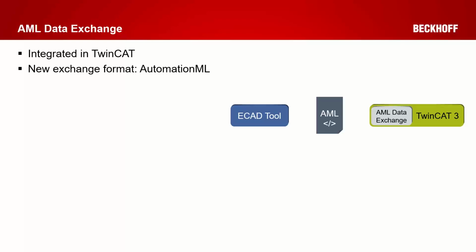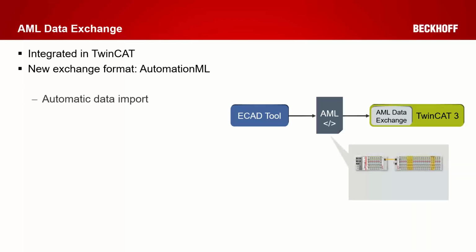With the help of this file format, we can export an I/O topology which already exists on ECAD tool side and import it in TwinCAT 3, which then automatically generates the I/O topology. So it is no longer necessary to add it manually.